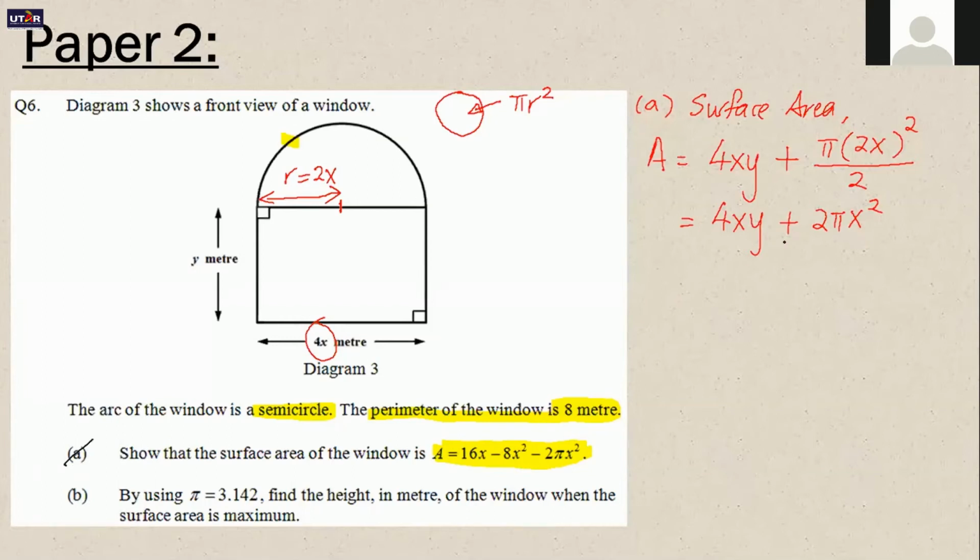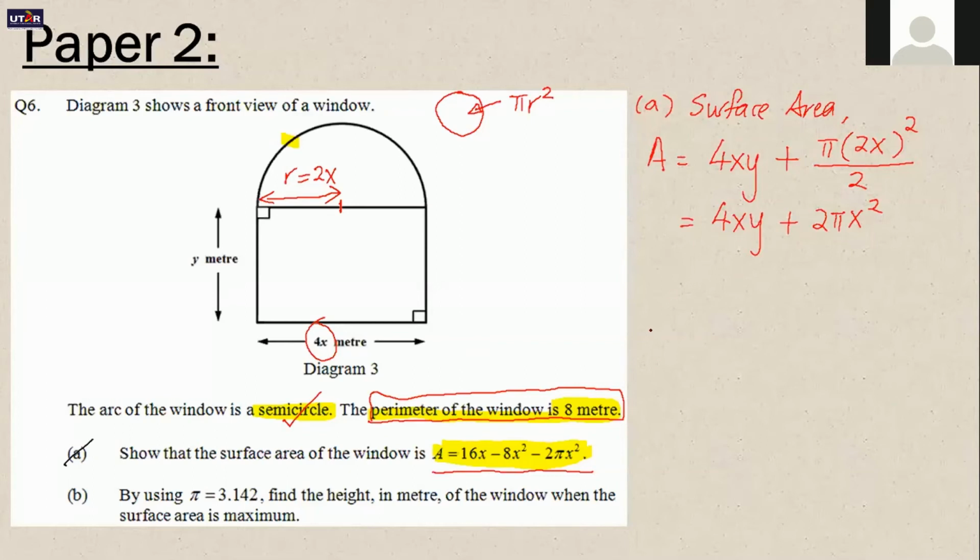If you compare, you can see there is no y variable here, so I need to change the y into x. How to do it? Always go back to the info of the question. The semicircle we have applied already, and we have another piece of info here that lets us find y.